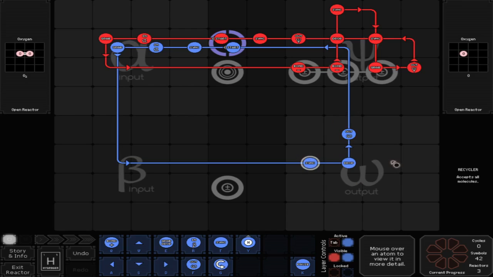It should be fine because the recycler can never back up, so blue will never get stuck waiting. Likewise, I really don't think there's any chance of them crashing into each other. So I think this reactor is good.